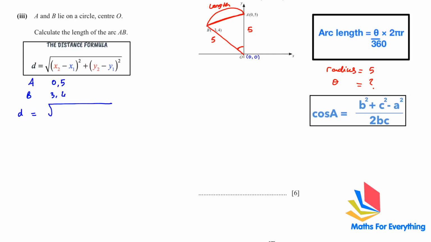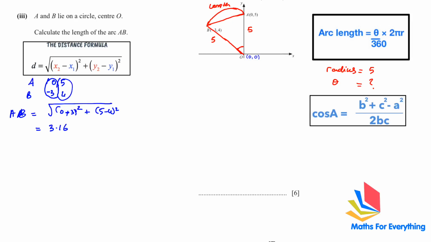We are finding AB, so let's write AB instead of D. So it's 0 minus 3 squared plus 5 minus 4 squared. Just put the whole thing in the calculator. I just realized that B is negative 3. Sorry about that. So you change the signs here. And when you put this in the calculator, you will get 3.16.